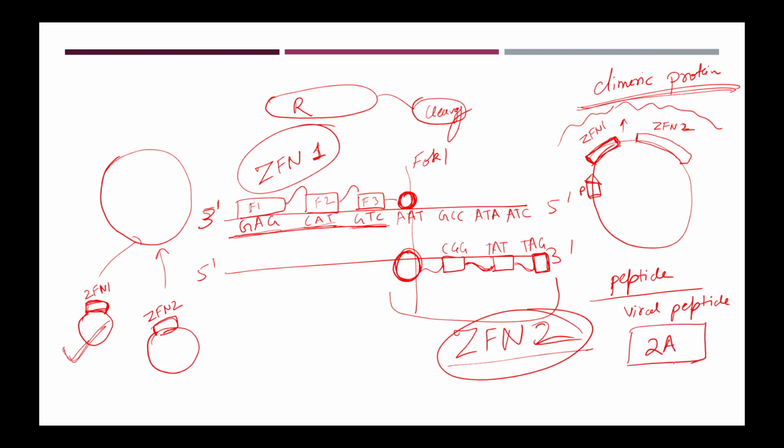Okay, it is a viral peptide 2A. That peptide sequence you can put in between the two proteins, two nucleases. Okay, so this viral peptide, what does it do? It does translational skipping.